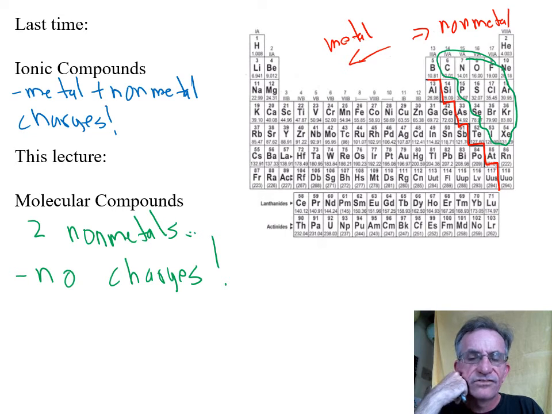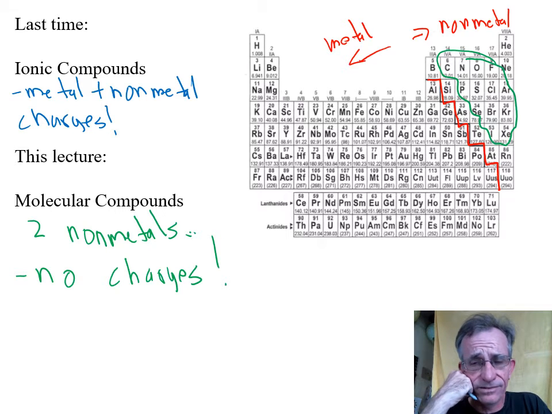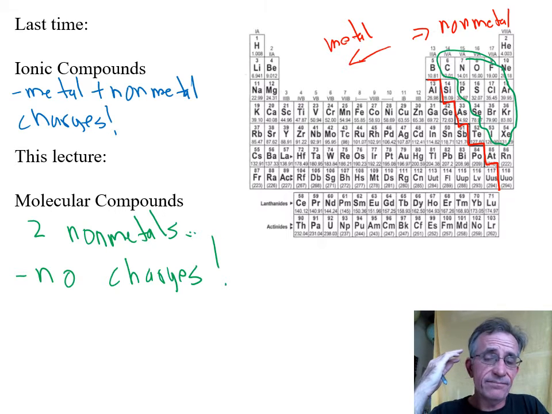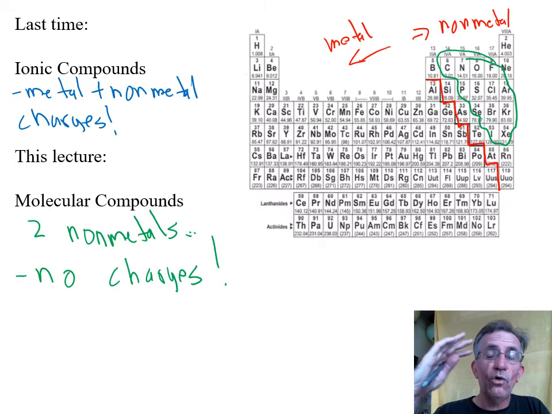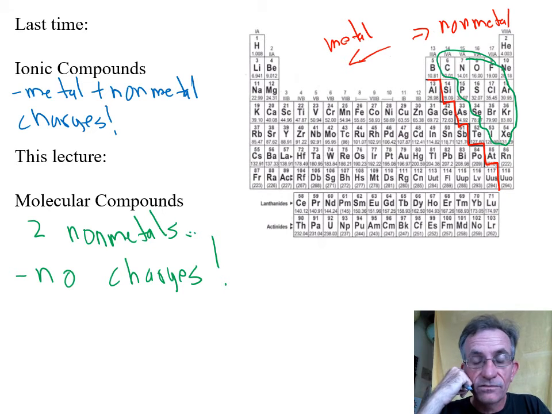As far as how they're put together, we're going to talk about that eventually, but for this video, we're going to talk about how to name them. The most important thing for you is to know that if something is molecular, only nonmetals, there's a whole different procedure for naming them. We're not going to see Roman numerals. We're not going to see charges. We're going to do something else.